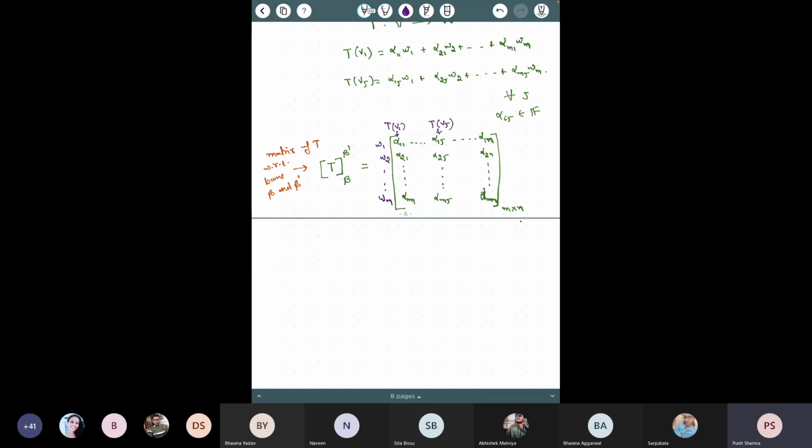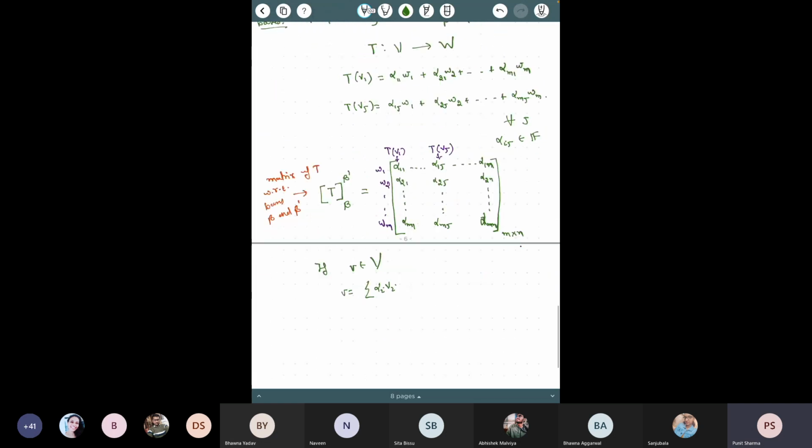Similarly, if I take any vector V in V, then I know that this V can be written as a linear combination of basis vectors of V. The basis is given here, V1 to Vn, so sum over i equal to 1 to n.